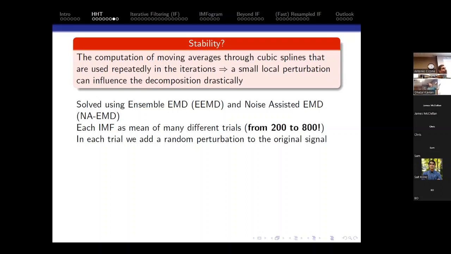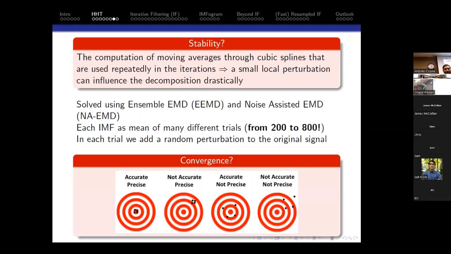It takes hundreds of times longer to do the same decomposition. As a matter of fact, no one uses these techniques. Everyone in applications keeps using just the classical EMD, and they do not care about instability. There is another tiny problem, which is called convergence. Every time I give a talk, I tend to recall what convergence is all about.